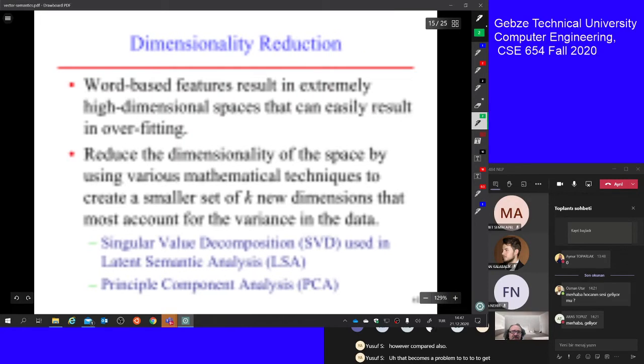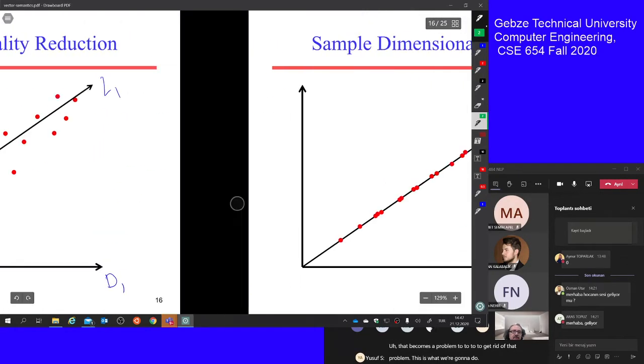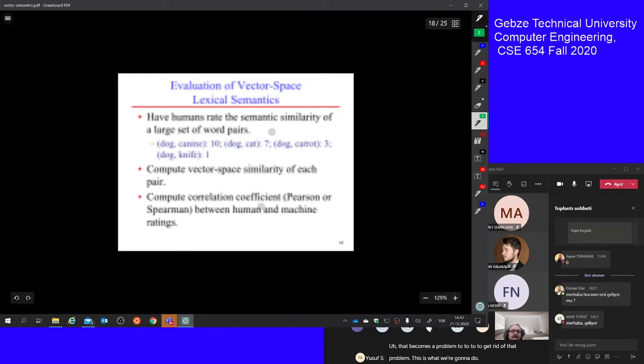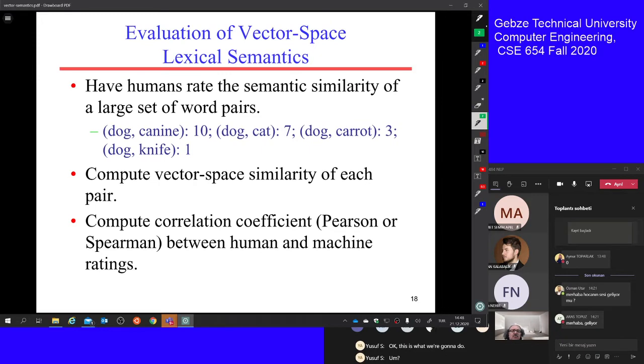To get rid of that problem, this is what we are going to do. We will ask humans to give degrees of similarity between two words.